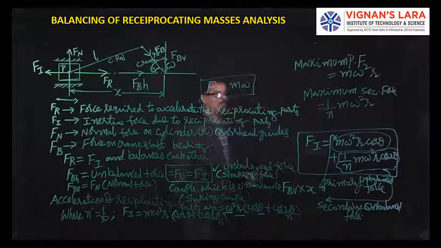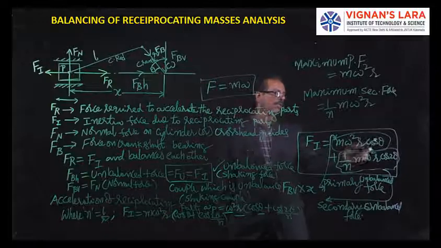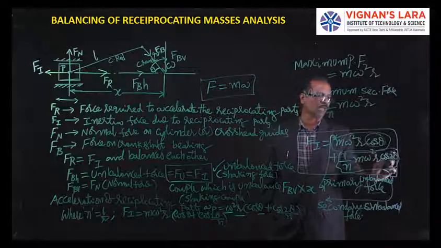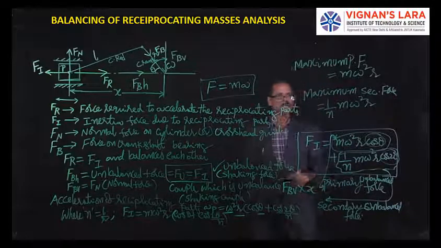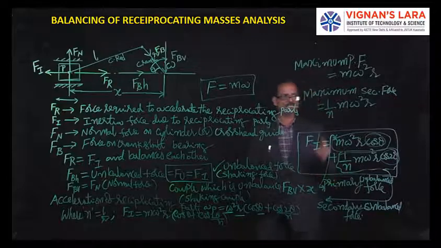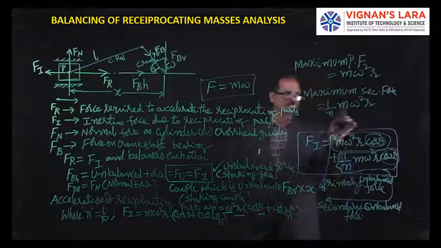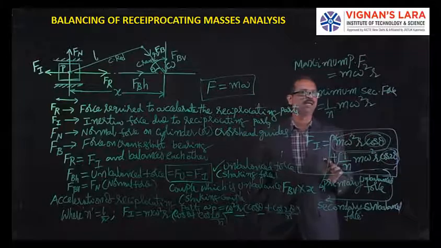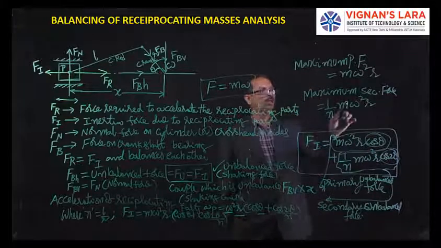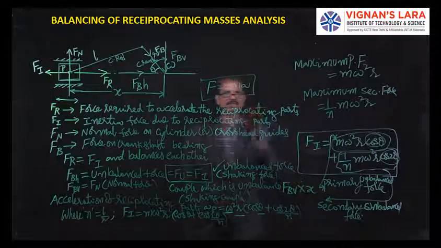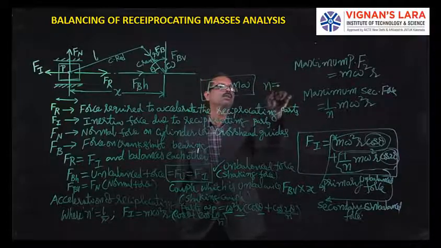The maximum component can happen when cos theta is 1 or cos 2 theta is 1. So the maximum primary unbalanced force is m omega square r and the maximum secondary unbalanced force is 1 by n m omega square r. So what is n? n is nothing but L by r.